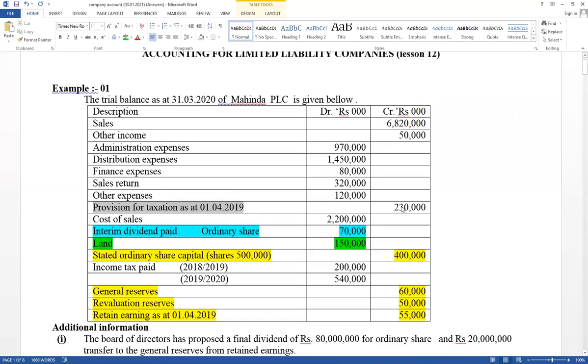Very important this part. That is a previous year last quarter estimate value. Provision for income tax value equals 230,000. This is a previous year last quarter estimate value. And debit side it has given income tax paid amount for last year last quarter as well as this year first three quarters.